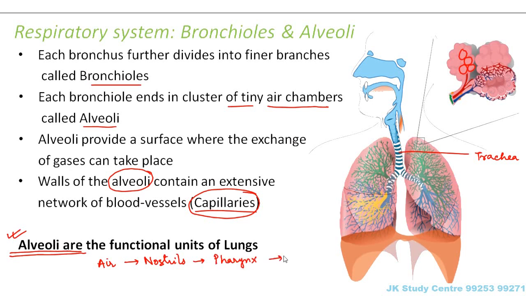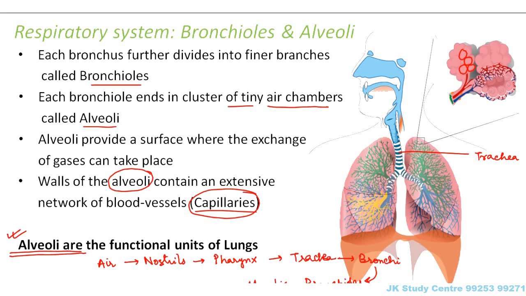From pharynx it reaches the trachea. From trachea it branches out to form the bronchi. The bronchi further branch out to bronchioles, and the bronchioles then end up in balloon-like tiny air chambers called alveoli.